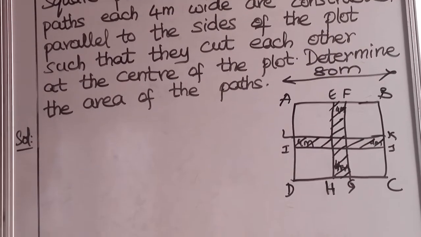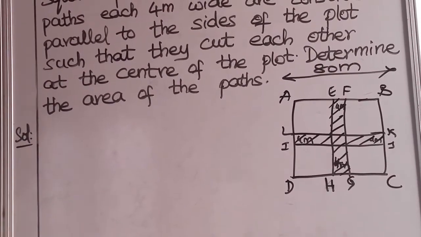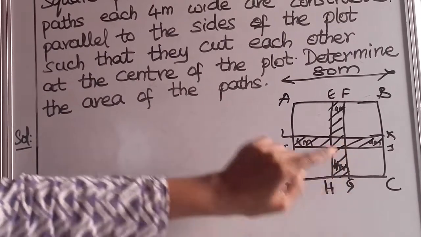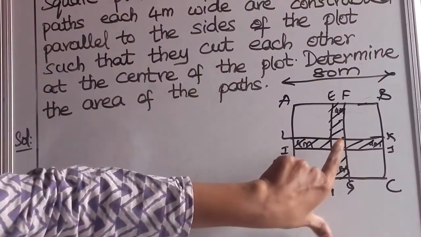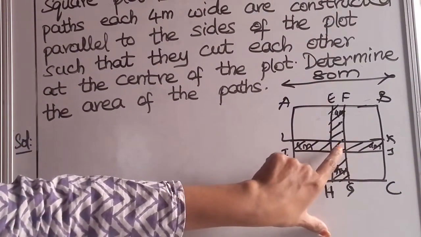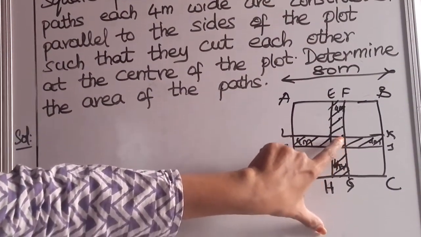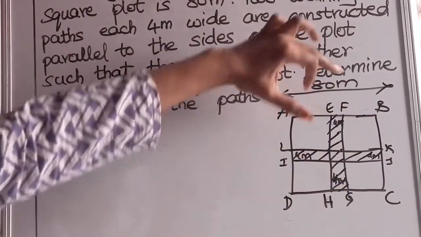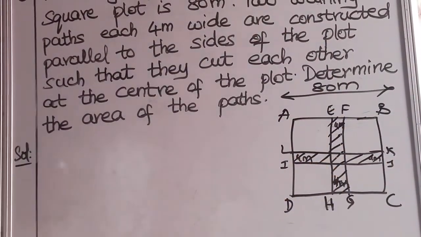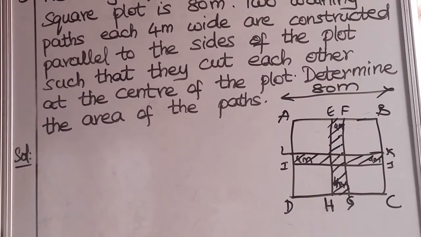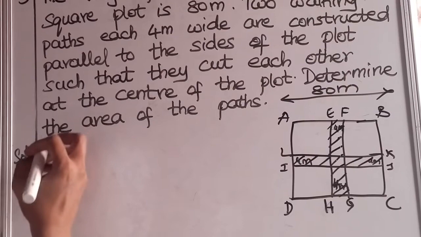Here you can see that this region is overlapping. This side, this region is there, and when you walk this side also, this region is there. So this area, whatever is coming, we have to subtract from this area and this area. You will understand this when we do the problem. So now let us start solving.